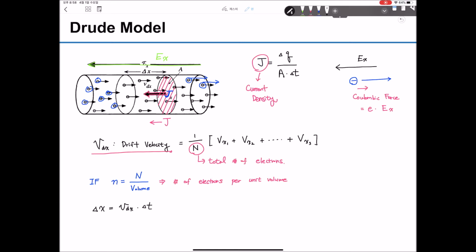And you can also express this as change in charge equals one electron charge times n times A times delta x. All right. So here, n is the number of electrons per unit volume, and area times travel distance will be the traveled volume, right?